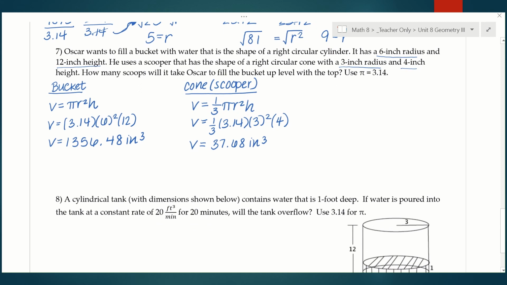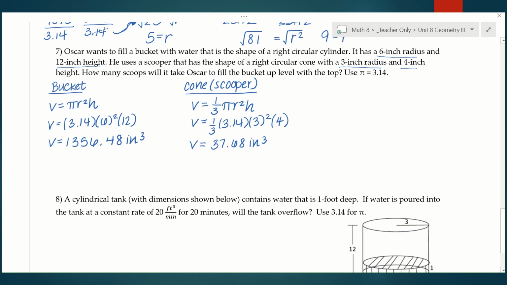We now have the volume for each, and the question is, how many scoops will it take Oscar to fill the bucket up level with the top? So basically, how many times am I going to have to scoop water to fill up that bucket? If you think about this, it's almost as if you're taking 37.68 plus 37.68 all the way until you get 1,356.48.